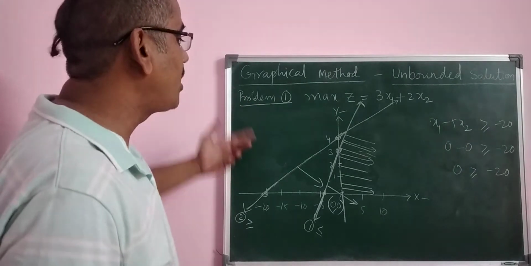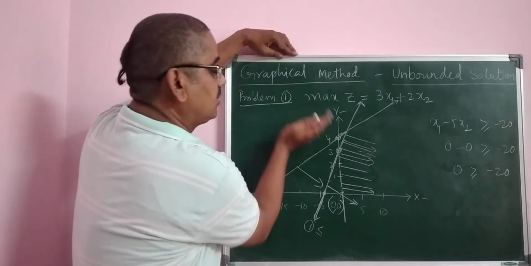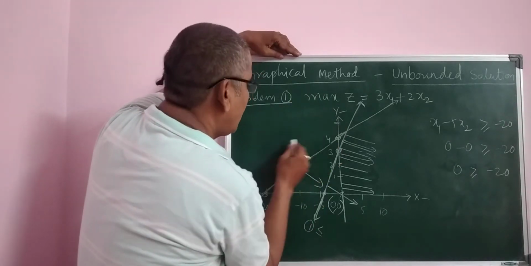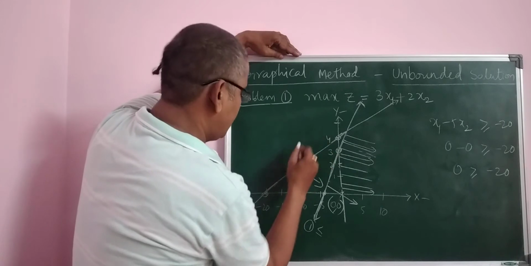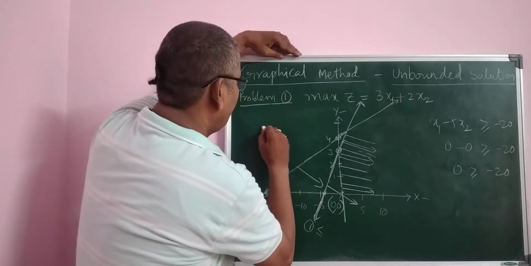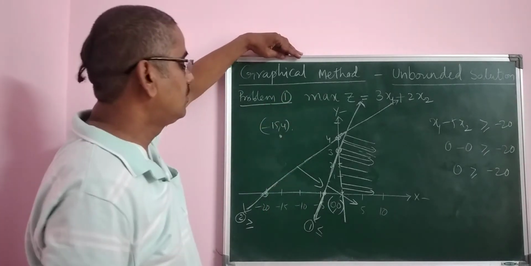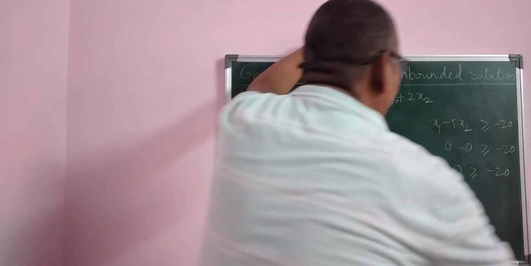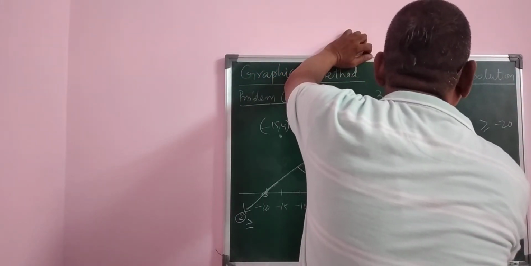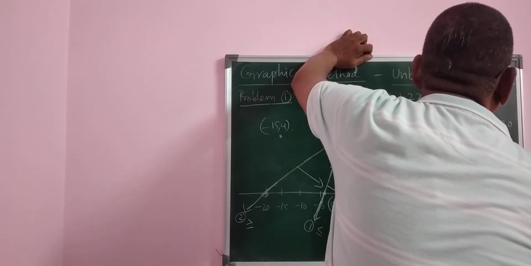Now I check one more point here. You see here, towards this particular direction, one particular point, or somewhere here we can consider the point. This is minus 15 comma 4. So you substitute in the equation: minus 15 minus 5 into 4 is greater than or equal to minus 20.